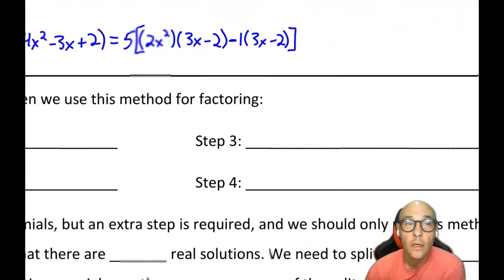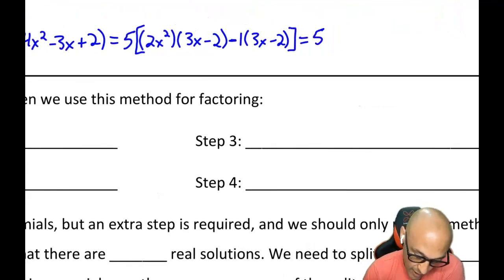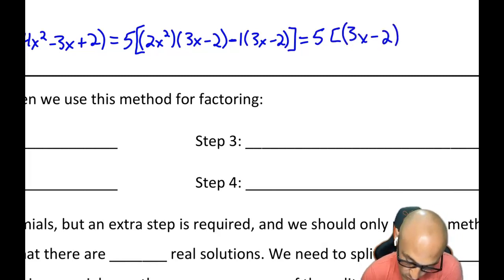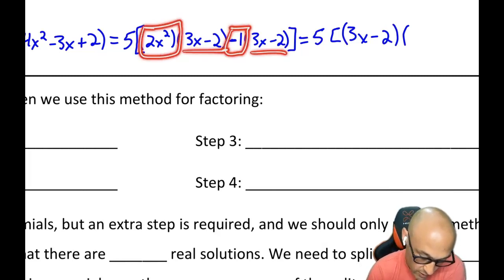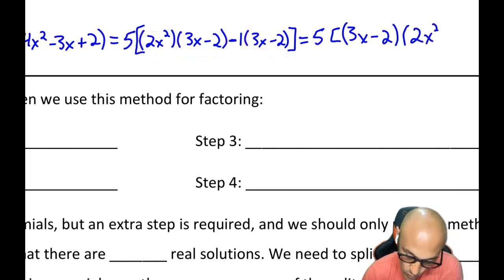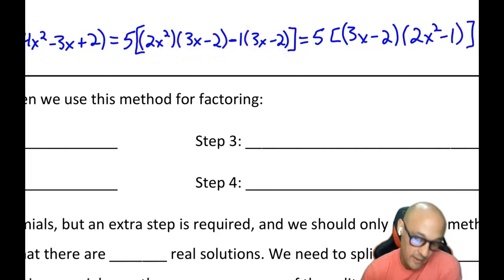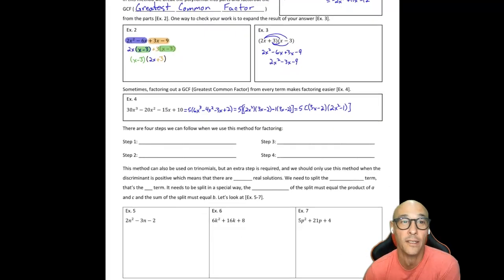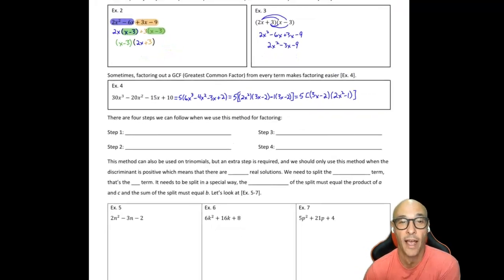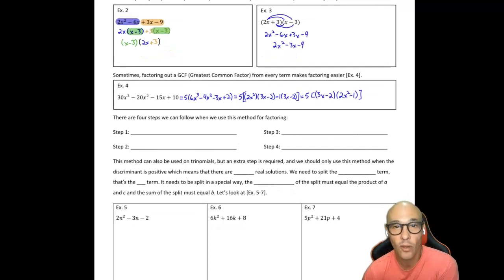So we have the 5 out front, and then the 3x minus 2 times the quantity 2x squared minus 1. And that is a pretty tough problem, especially when we're really only looking at our second example of factoring.